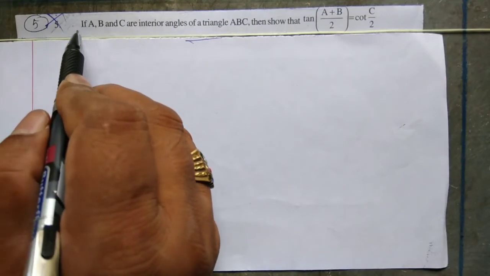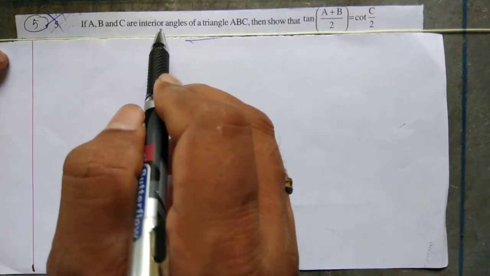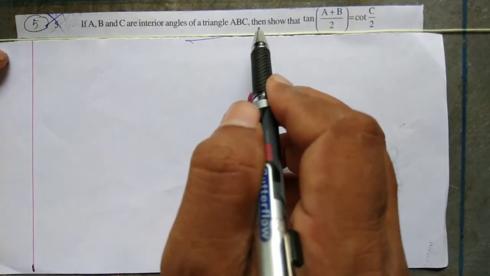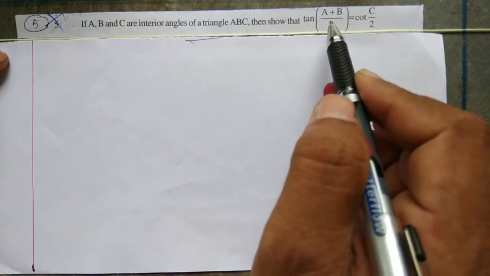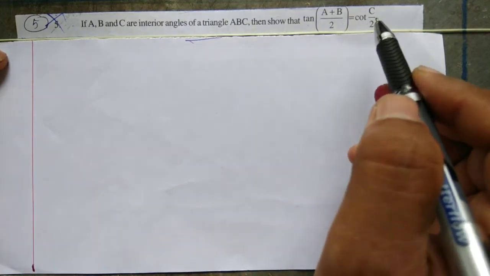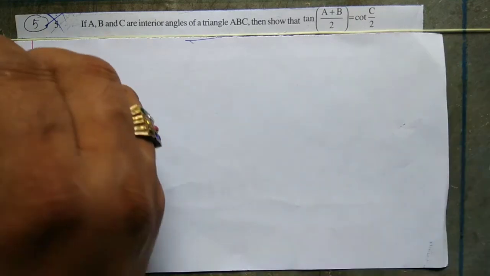Question number 5. If A, B and C are interior angles of a triangle ABC, then show that tan (A plus B) by 2 is equal to cot C by 2.